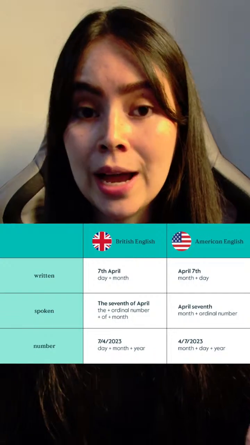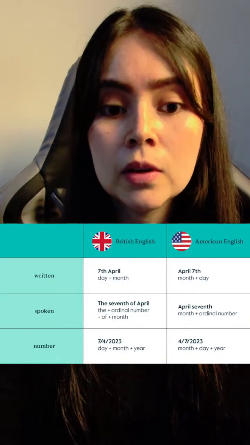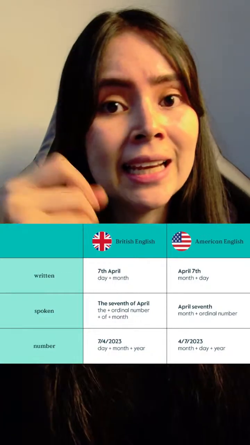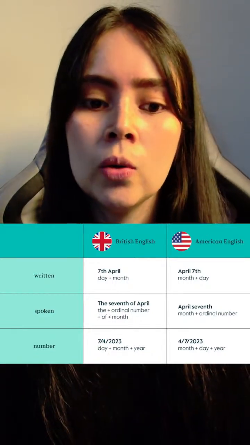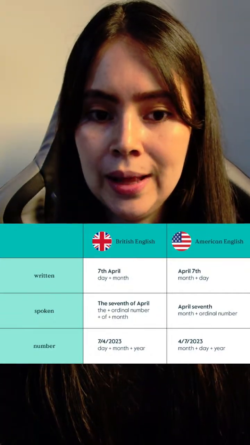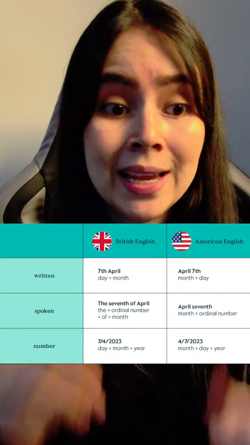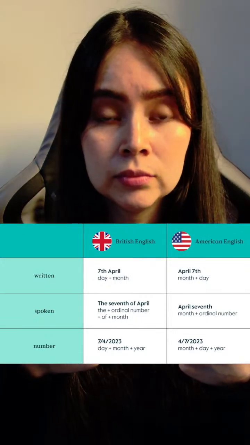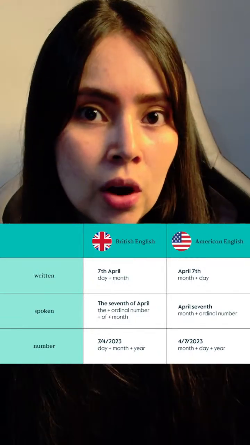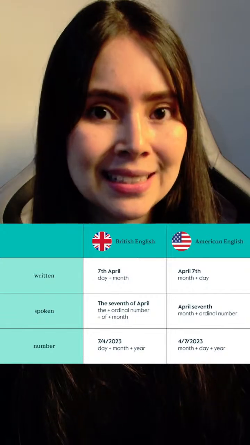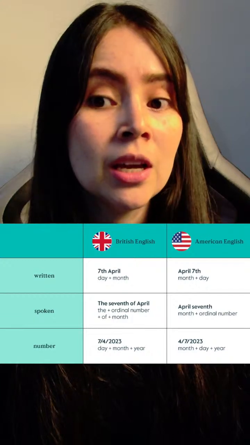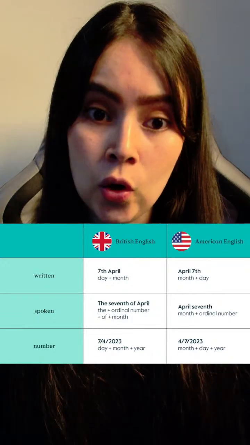And if you are going to write just the numbers, we sometimes write just the numbers when we are, for example, in class, okay? So we write that this way. Well, so let me know, is this clear? So you can say, I have an appointment the 2nd of October, or I have an appointment on October 2nd.